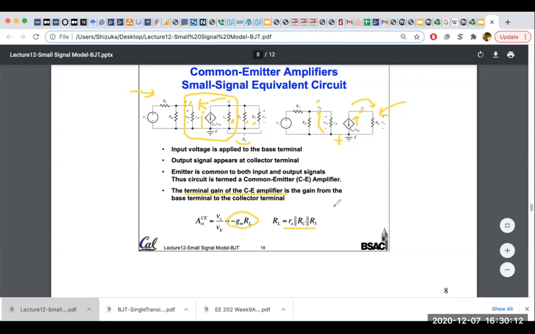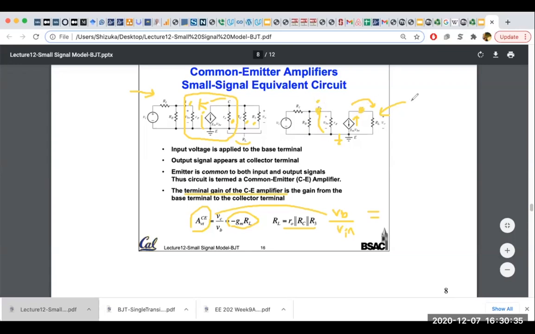But now if you multiply this with VB divided by V in, you should be able to find the entire gain of the circuit. What we found here is only the gain from collector to the base.